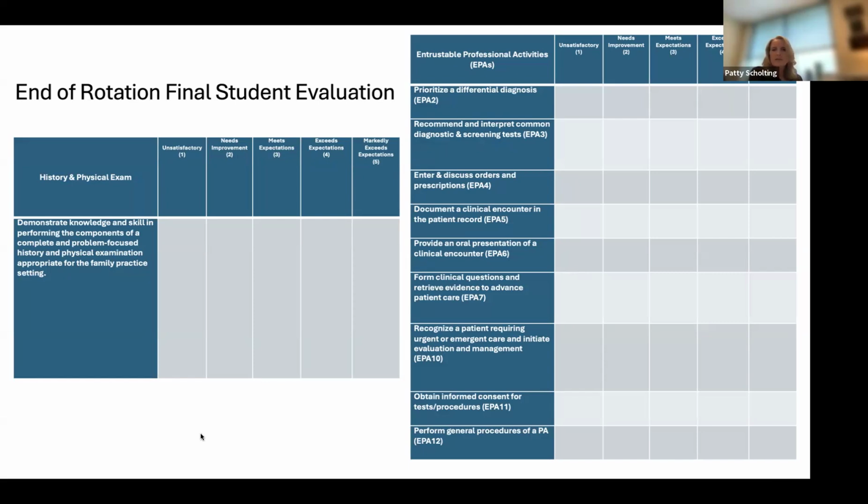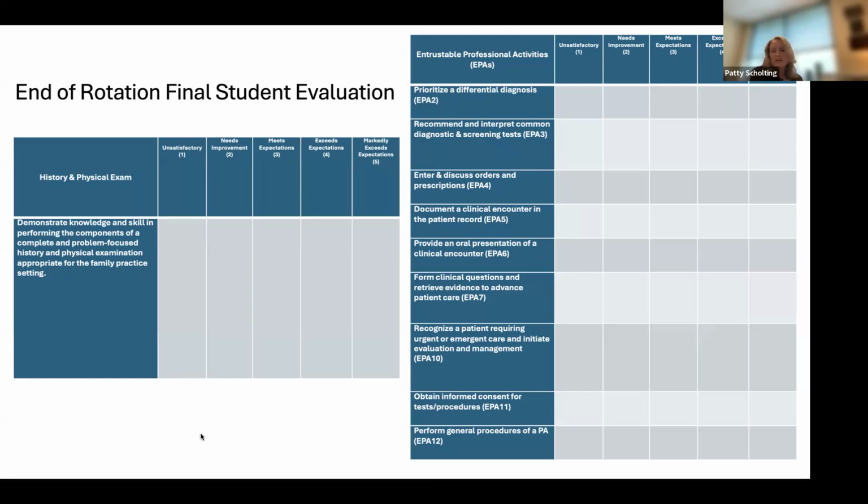Prioritizing a differential diagnosis, the diagnostic studies, the prescriptions, documentation, oral presentations, form clinical questions, and retrieve evidence to advance patient care. I think this is really important. That's that self-learning component that we like to reinforce. And recognize a patient requiring emergent or urgent care and initiating the evaluation and management of that.